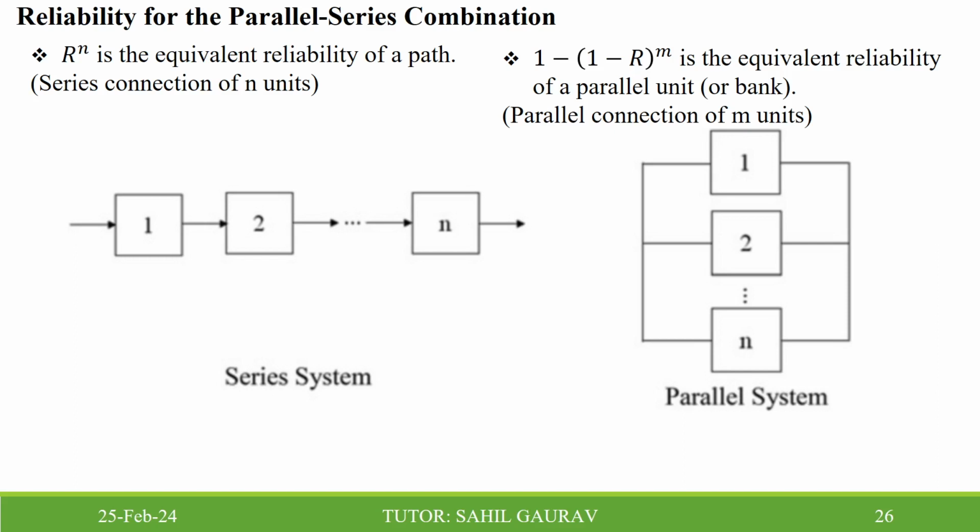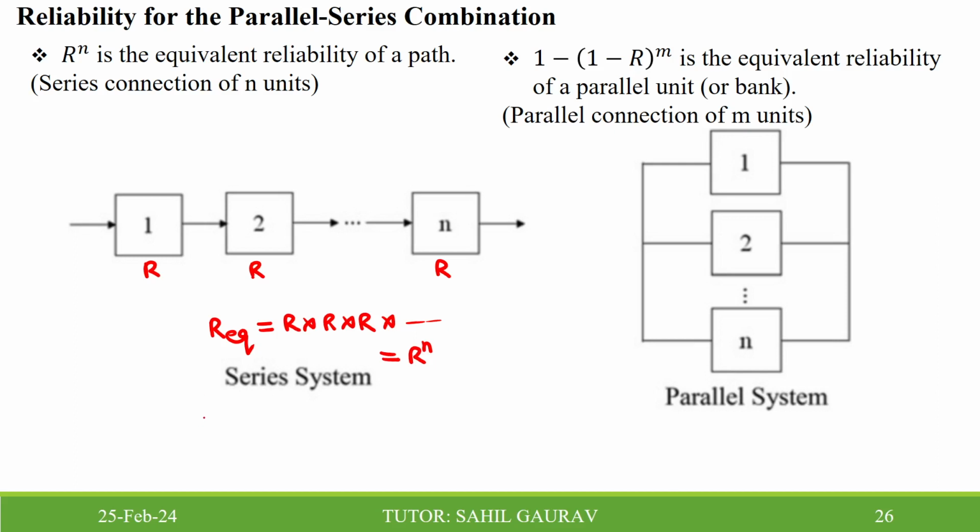Like for the series combination, if each component has identical reliability denoted by R, then R equivalent will just multiply all of these. So for the series connection, you have to just multiply all the reliability components. So you will get R to the power n.